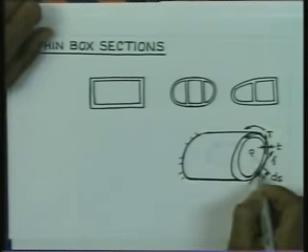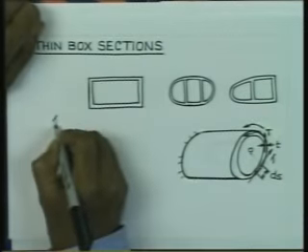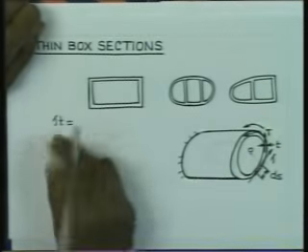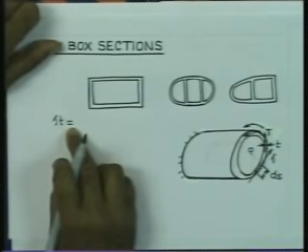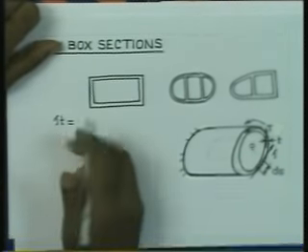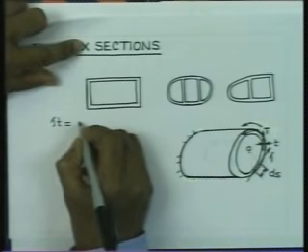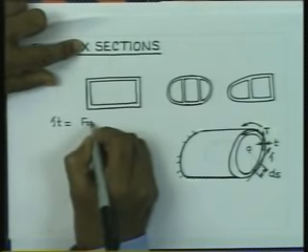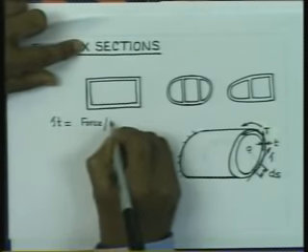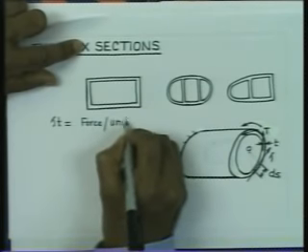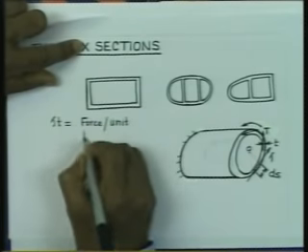This shear stress, if we multiply by t, gives us force per unit boundary distance.